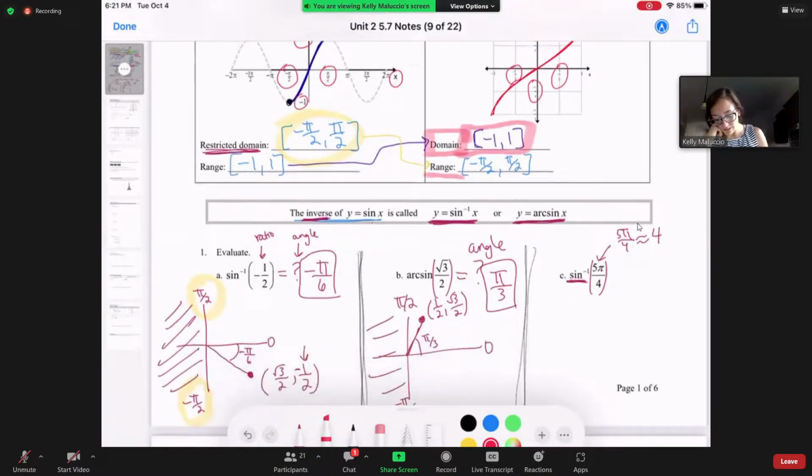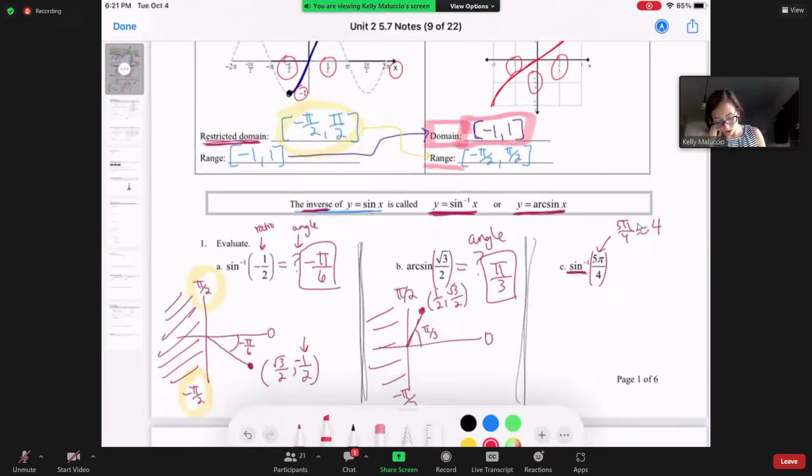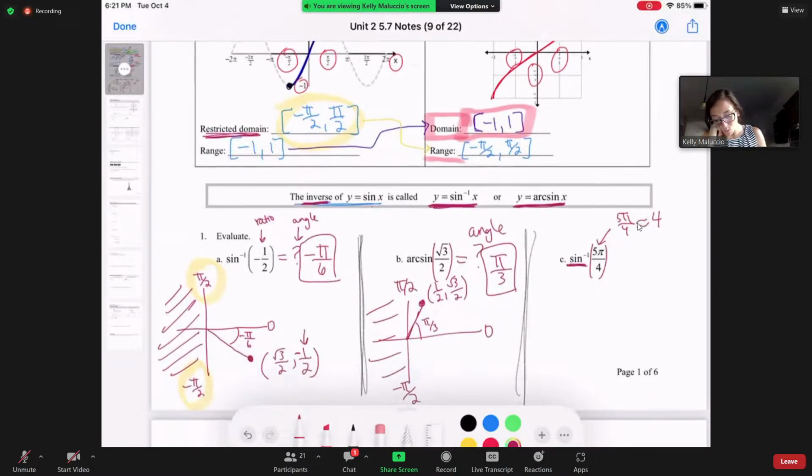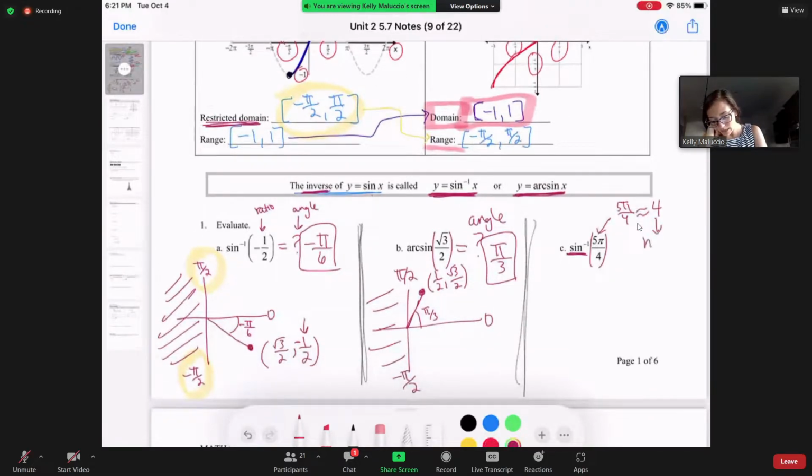So this is not going to work. So I'm going to say not in the domain of inverse sine of x. The domain is -1 to 1, because this is 4, that's outside of this.